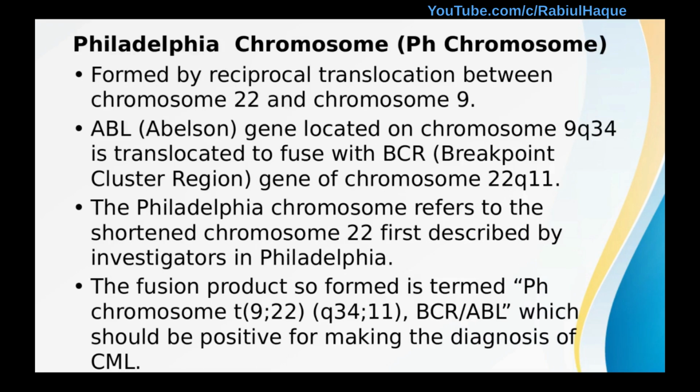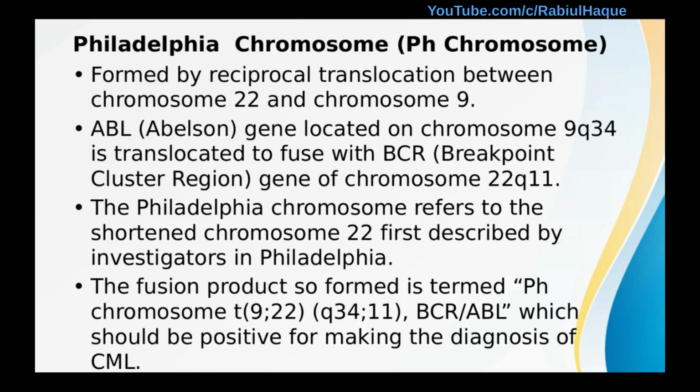Philadelphia chromosome, which is also written as PH chromosome, is formed by reciprocal translocation between chromosome 22 and chromosome 9. The Abelson gene or ABL that is located on chromosome 9's long arm is translocated to fuse with BCR or breakpoint cluster region gene of chromosome 22.